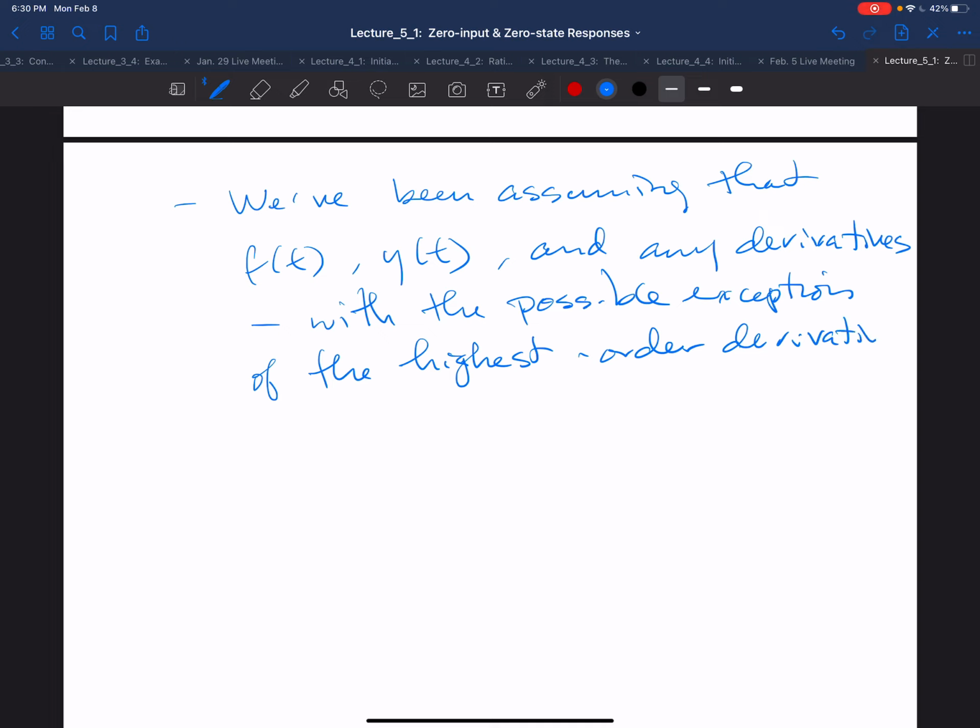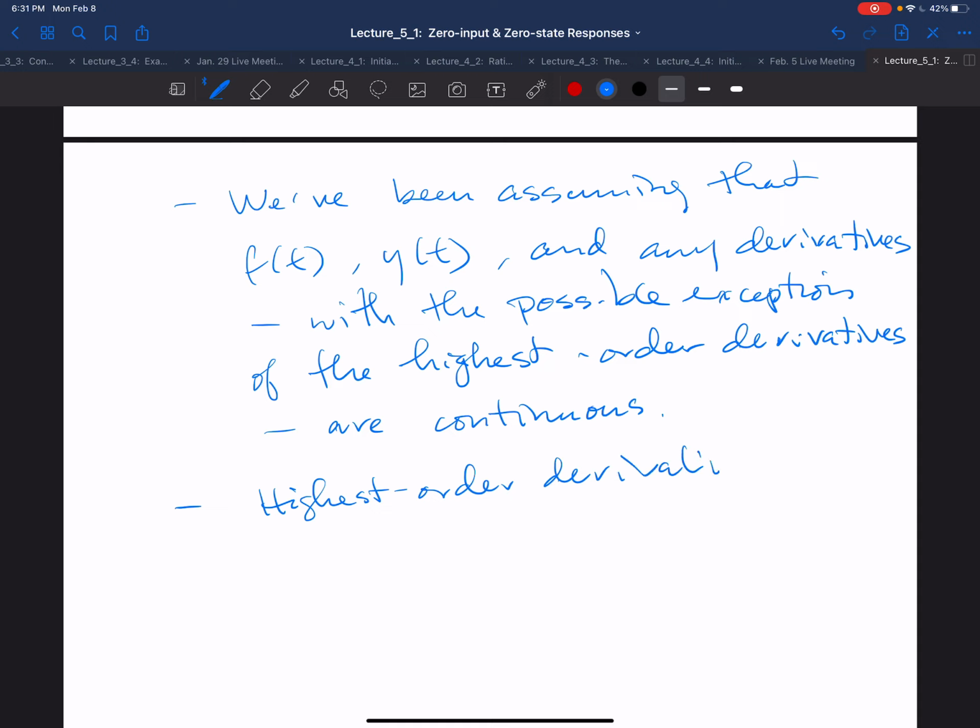Why is that? Well, we've been talking about derivatives of f and y and all the derivatives other than the highest order ones. In order for those functions to be differentiable, they have to be continuous. We've implicitly assumed that the highest order derivatives only need to be piecewise continuous in order to apply our transform techniques.